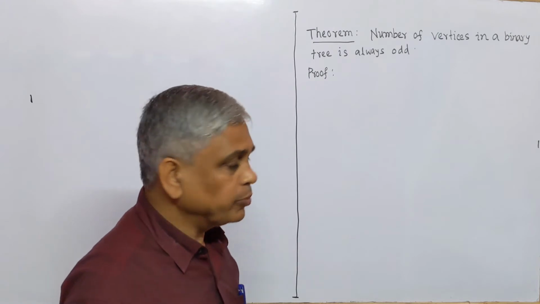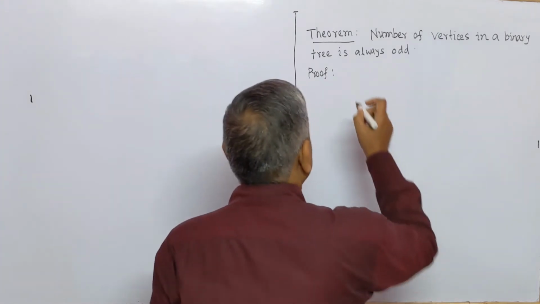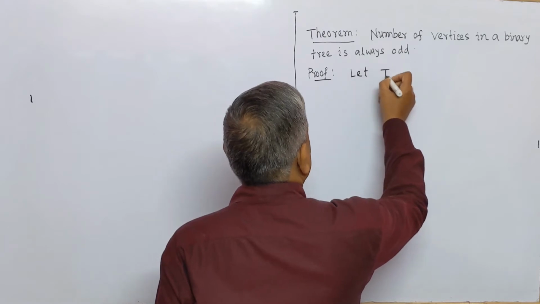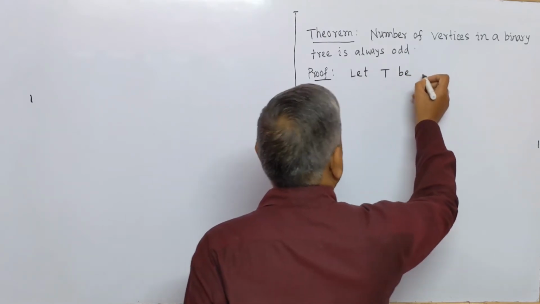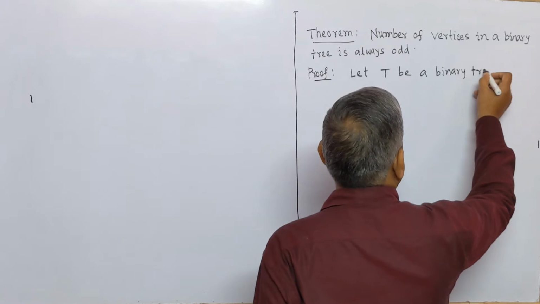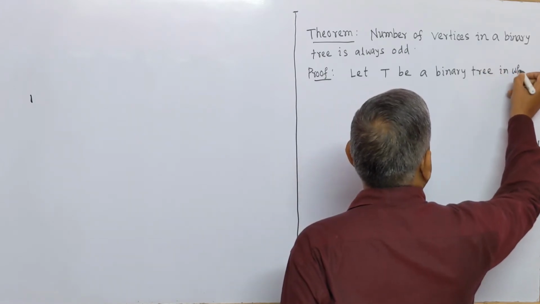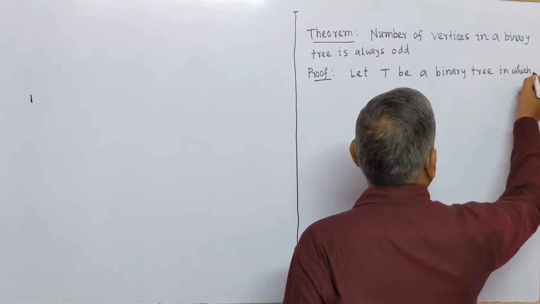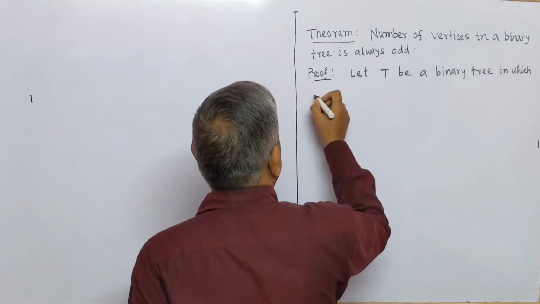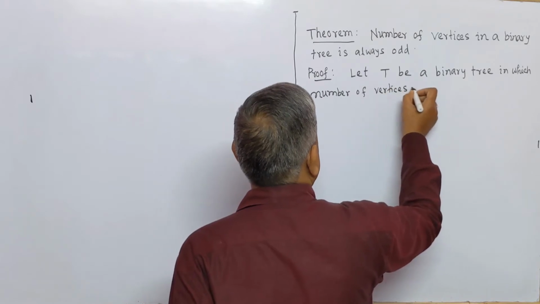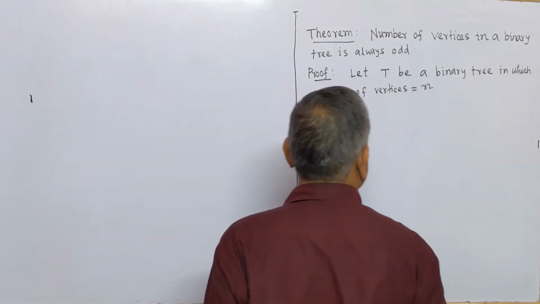Now we prove this. Let T be a binary tree in which the number of vertices is equal to n.